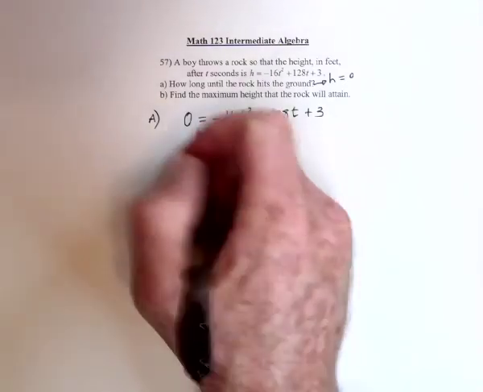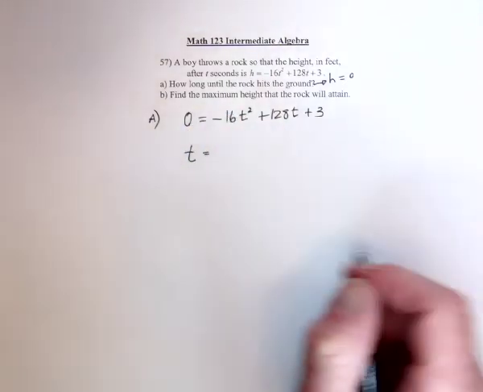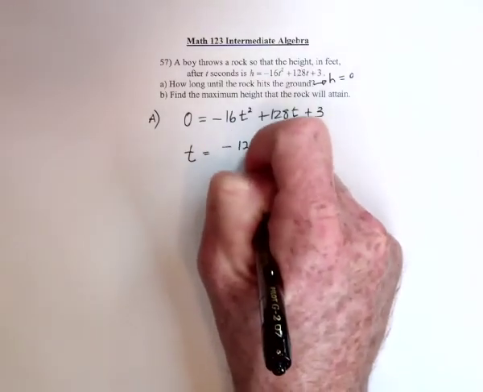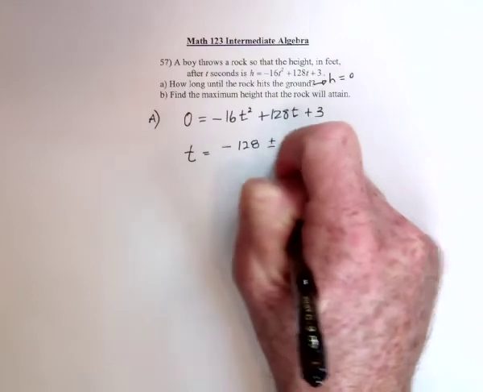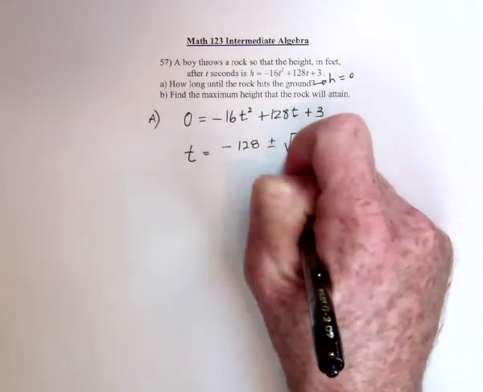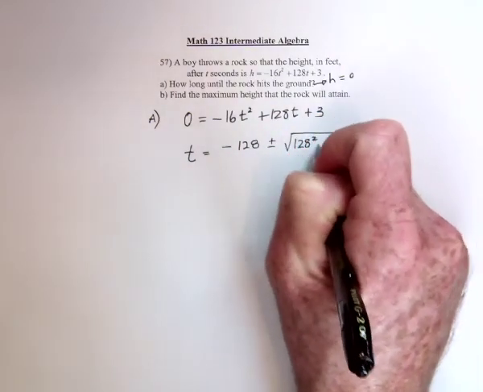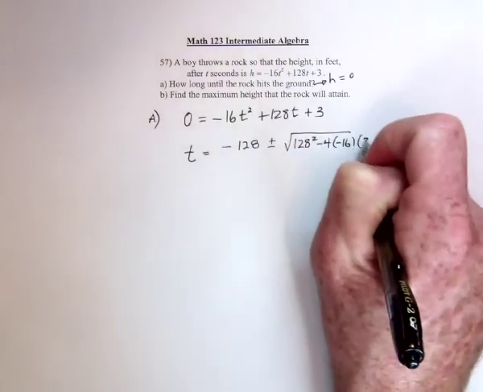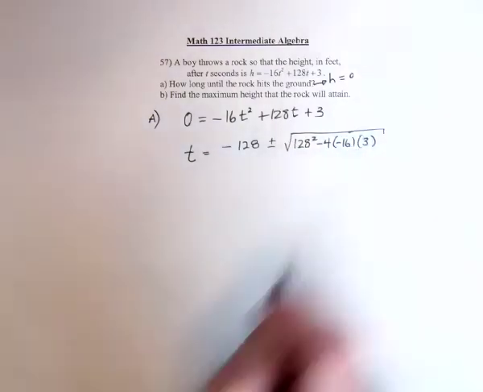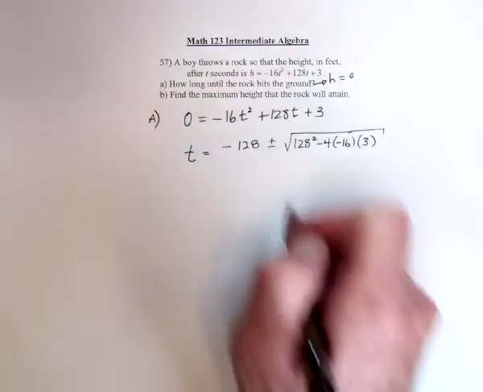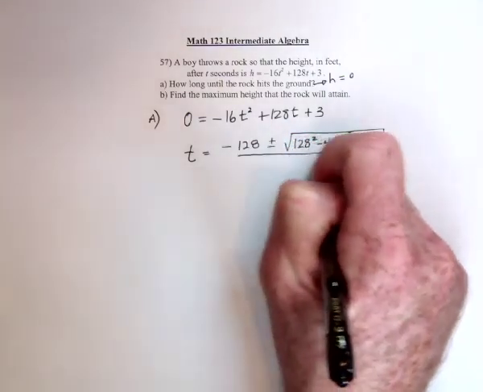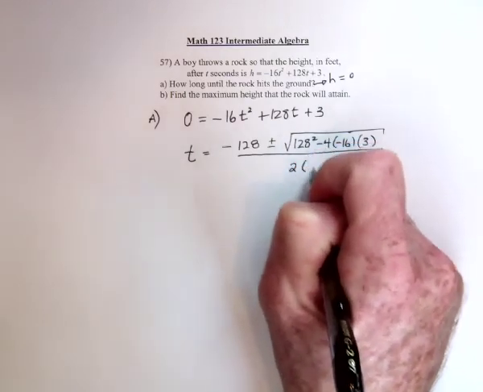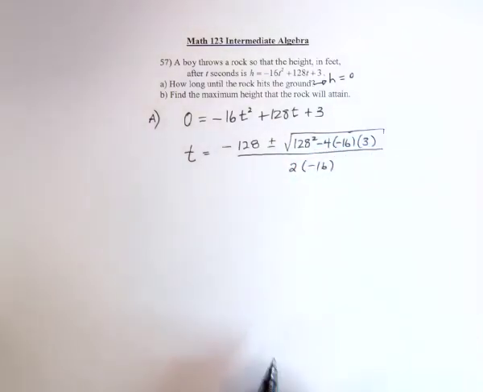So we just should go straight to the quadratic formula. So negative b plus or minus the square root of b squared minus 4 times the a times the c. All of that's inside of the radical. And then it's one big fraction with 2 times a for the denominator.